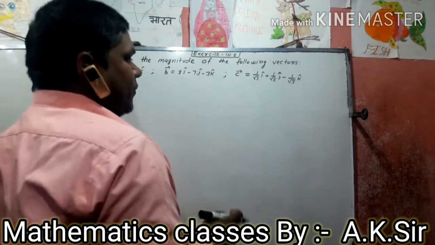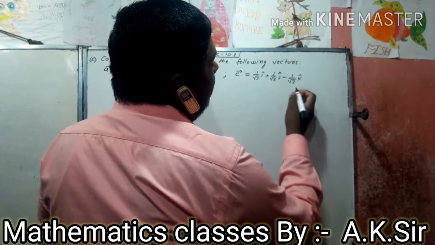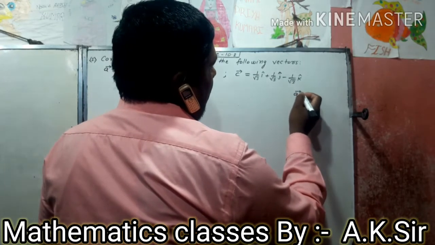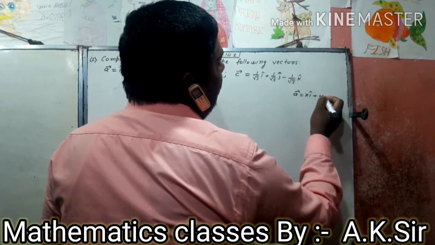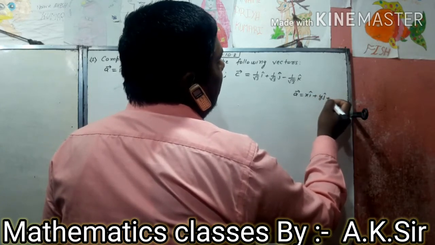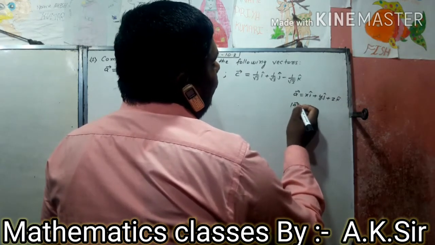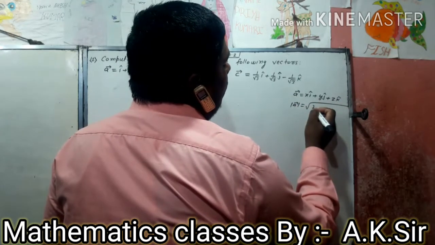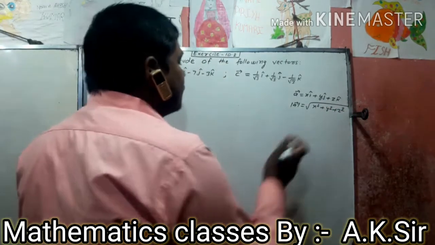First of all, we know about the magnitude of any vector. If a vector is equal to x i cap plus y j cap plus z k cap, then the magnitude of a is equal to under root x square plus y square plus z square.